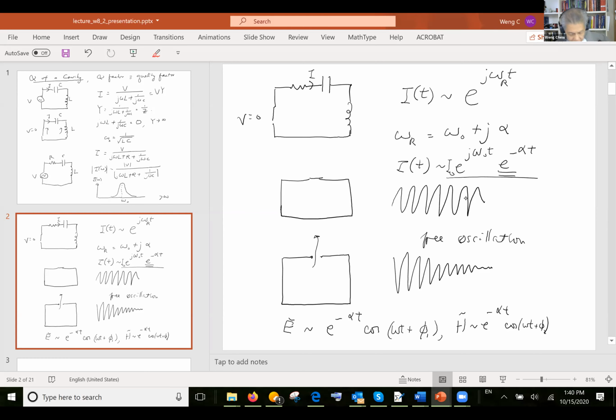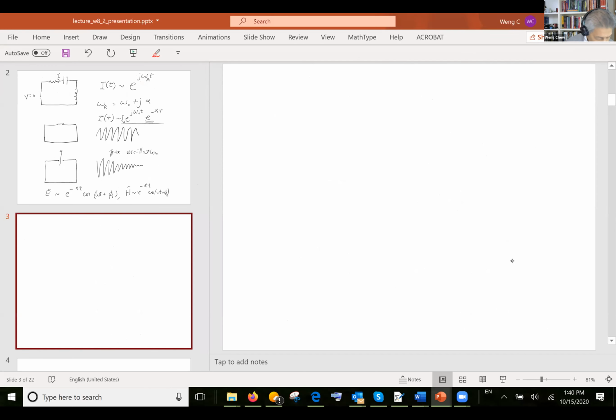So what this says is that the energy in the system will become smaller and smaller. Okay, it will become smaller and smaller, saying that the electric field energy storage should be proportional to e to the minus 2 alpha t, okay?